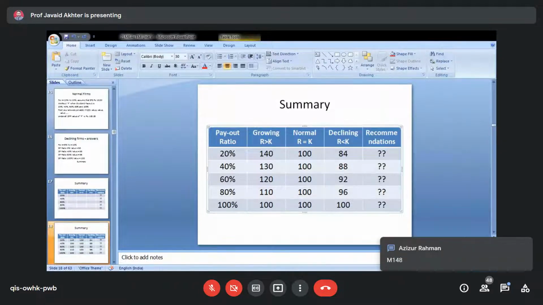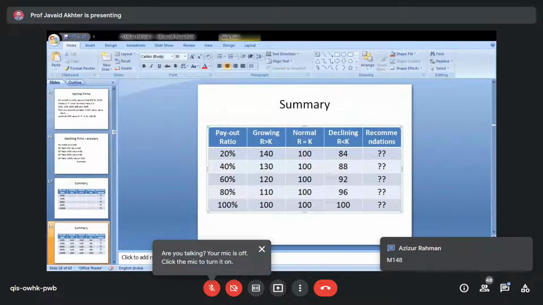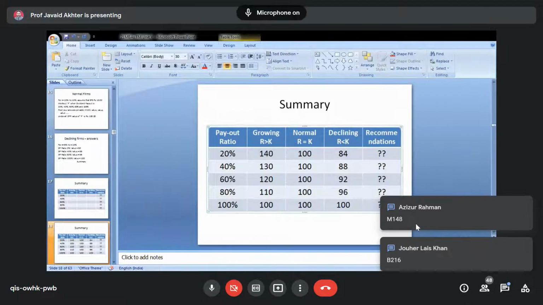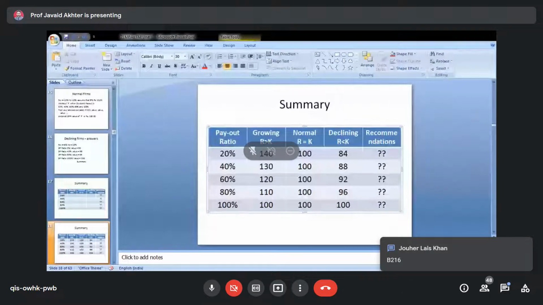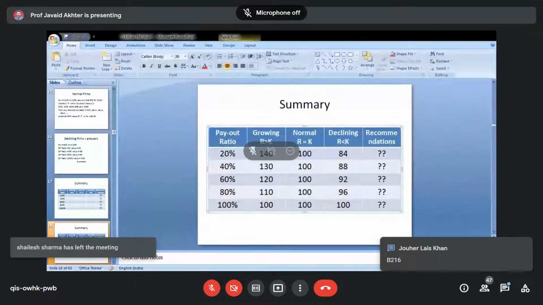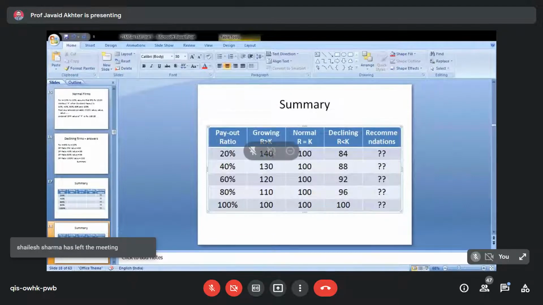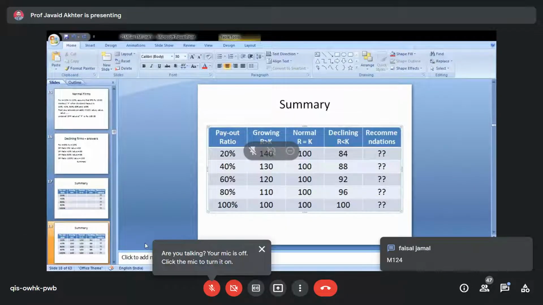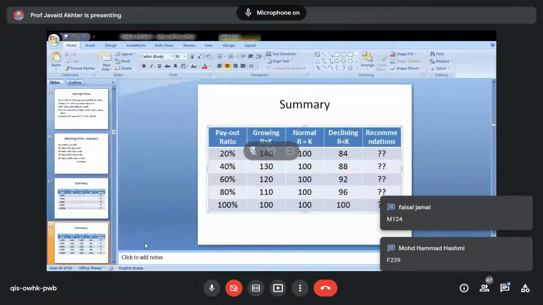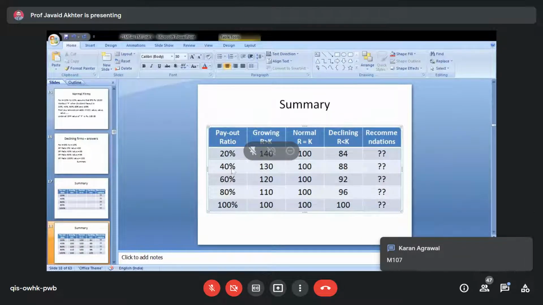If as an individual, as a shareholder, you are unable to answer, that means there is something wrong in understanding. Sir, can you please repeat? As a shareholder, yes, go ahead, repeat. What have you assumed?